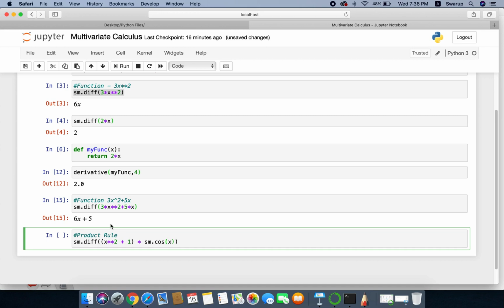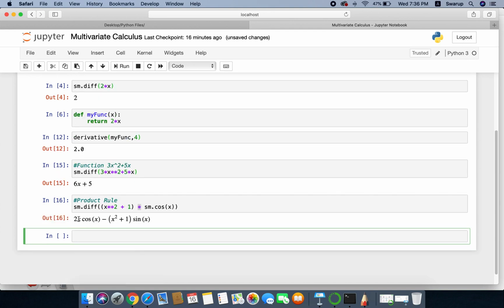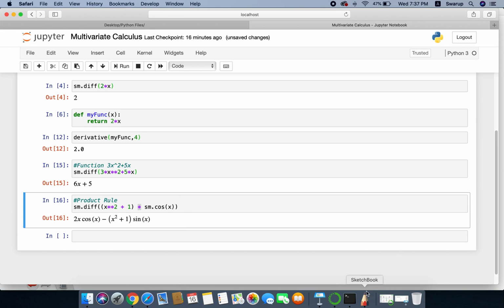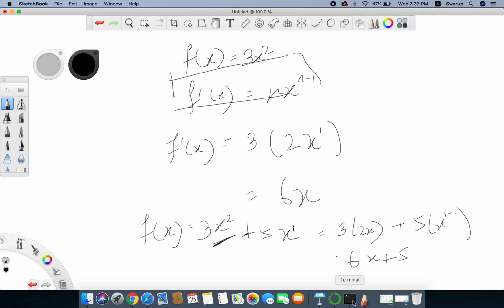So one is x square plus 1, the other is cos of x. To find the product rule, we can write the product of both functions, and it will find the output. It is giving us 2x cos x minus x square plus 1 times sin x. So this is how we can also find it for multiple functions using the product rule.